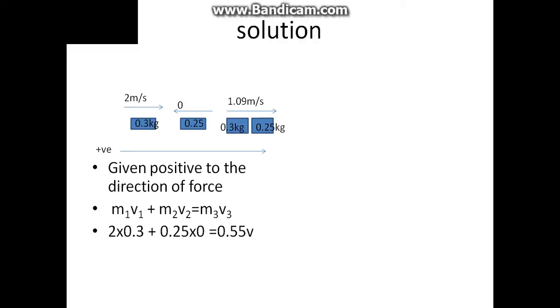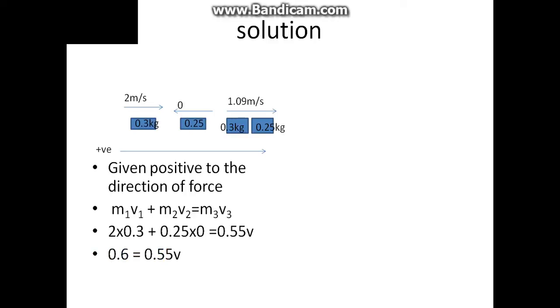plus the mass of the stationary body is 0.25, and the velocity is 0, and the mass of the two objects is 0.55.